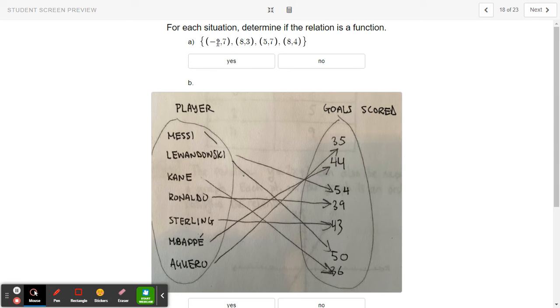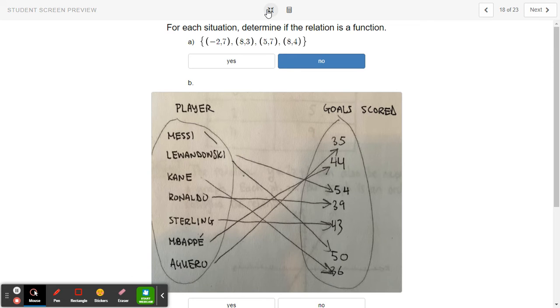In this one, I have a set of ordered pairs. So I want to see, are there any inputs that are the same? So here, look, I have 8. That's an input. And 8 is an input. So I have an input of 8 that has 2 different outputs, 3 and 4. So this one is not a function.